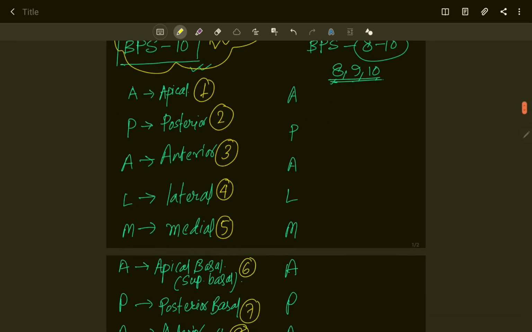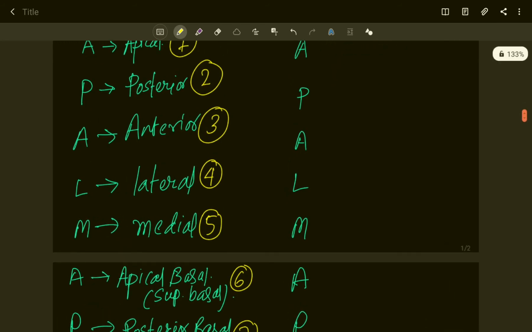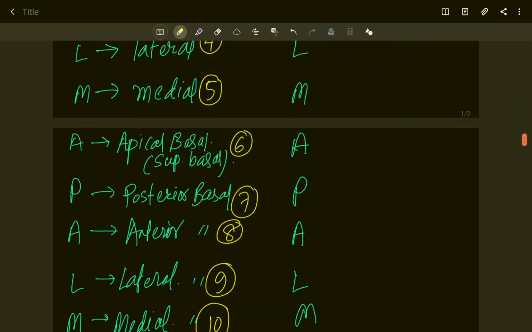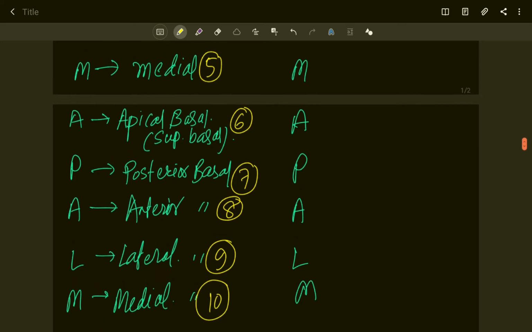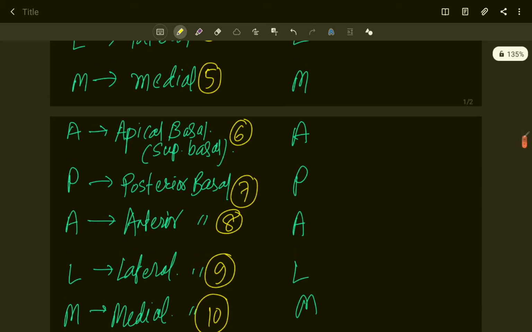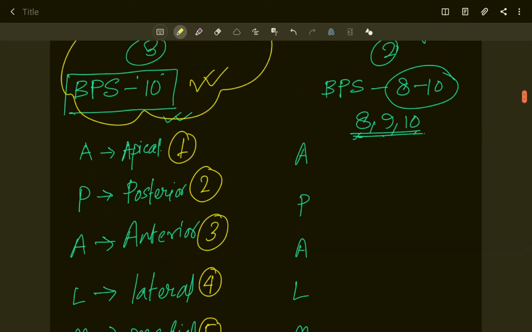So the mnemonic is APAM APAM. We have two pumps. A for apical, P for posterior, A for anterior, lateral, medial, and the same, just add basal as the suffix. So you can see I already named the 10 bronchopulmonary segments of right lungs.